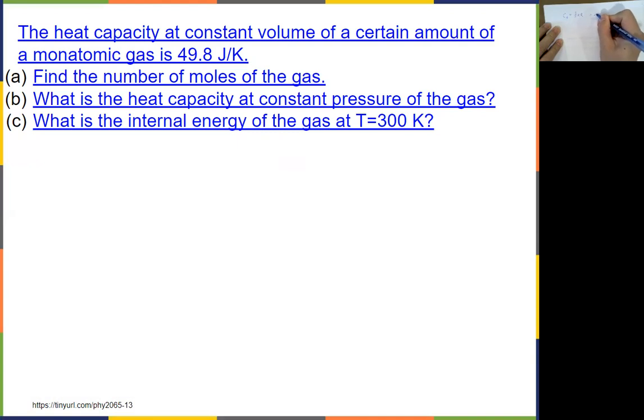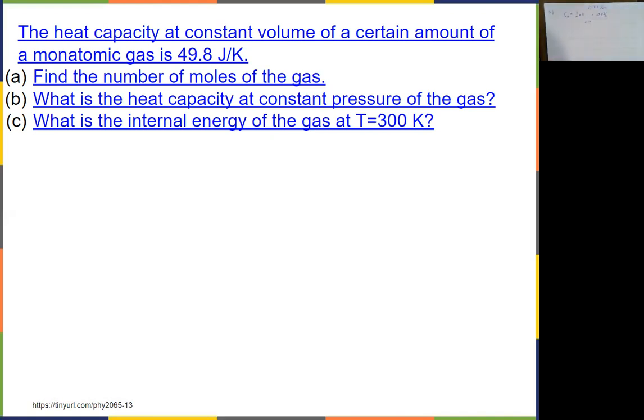And this is equal to 49.8 joules per Kelvin. Given R is 8.31. Okay. You can calculate what's n.